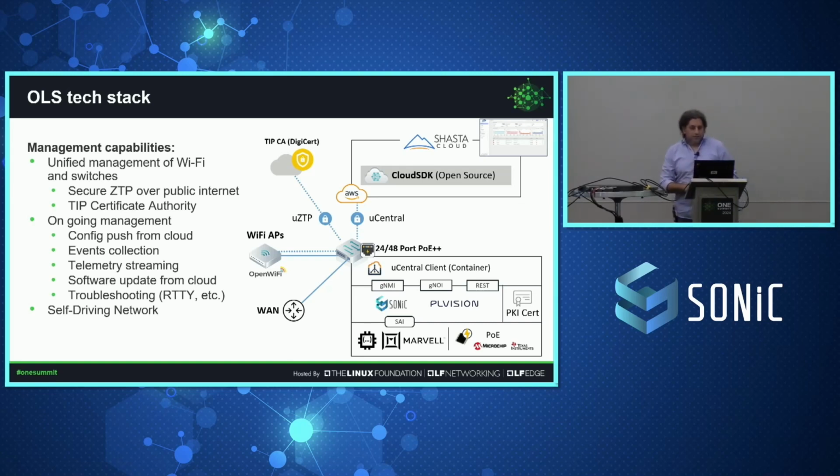And ongoing management is what the cloud is doing. The cloud management is used to configure the switch, to read the status, to do telemetry readings, and to do software updates. All that is supported by the cloud management.